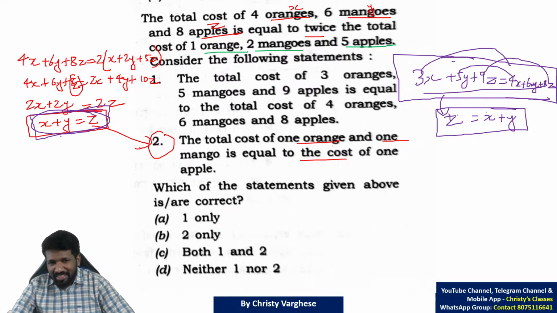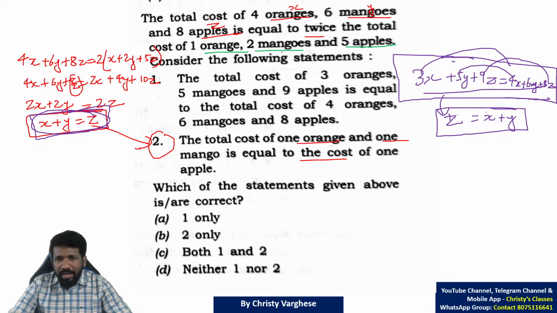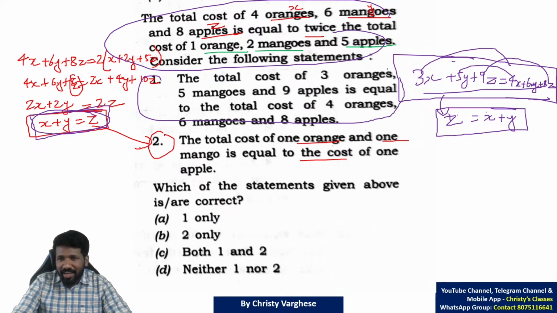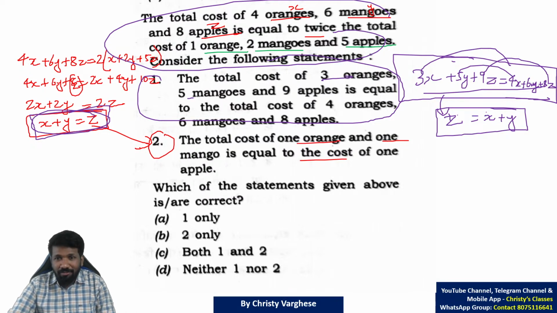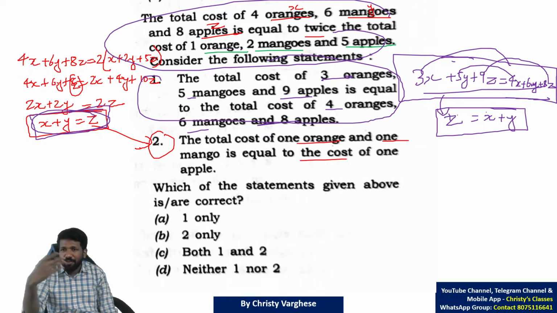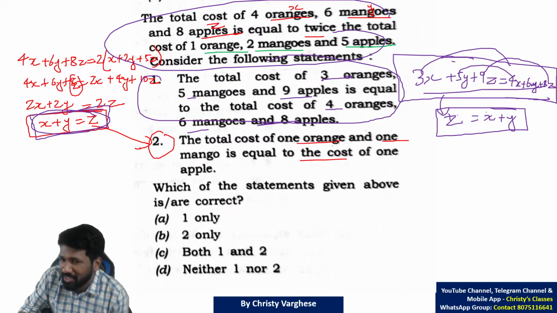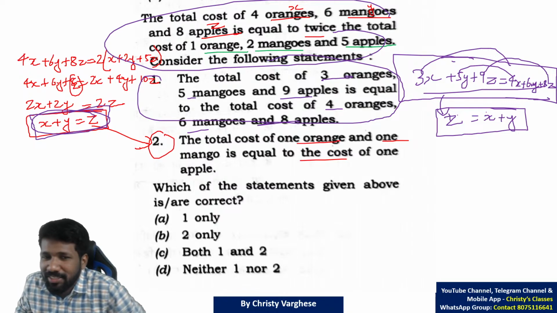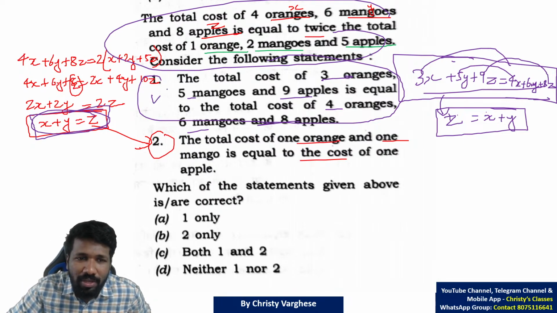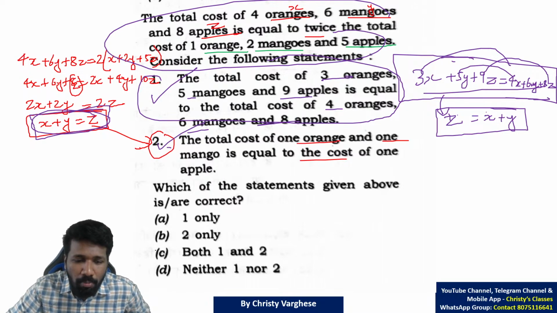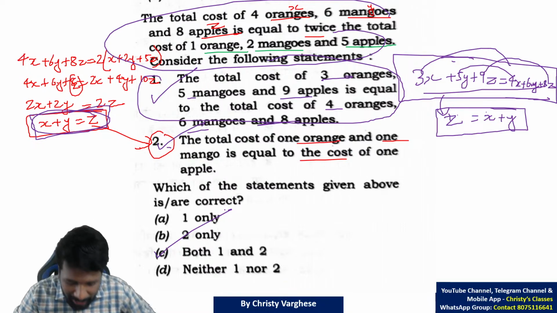That means what we already derived from the given data is what the first statement is saying indirectly. When we see 3 orange, 5 mango, 9 apple and 4, 6, 8, it may look like a totally different equation, but it is the same equation itself. Once you simplify it, you will understand it. So first statement can be derived, second also. So both 1 and 2, option C is the correct answer.